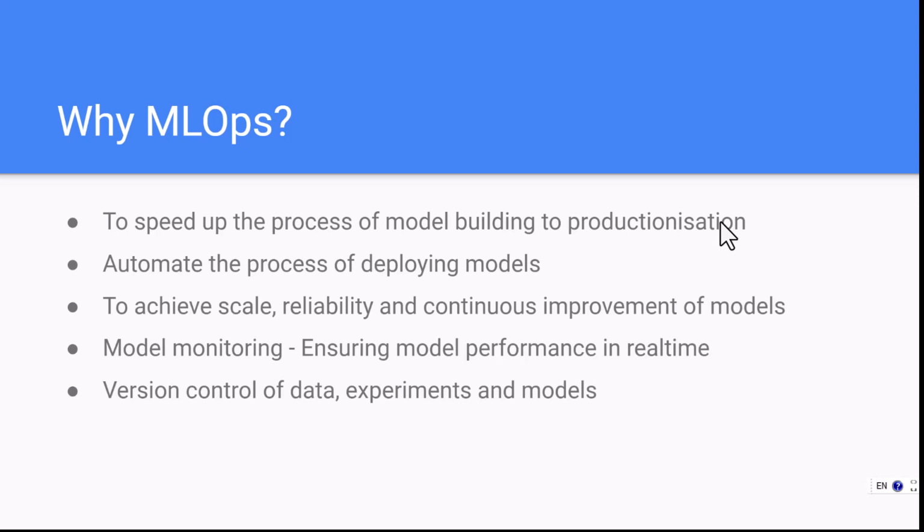So when you do this versioning, the way it helps is, say at some point of time, the model starts breaking in production. It's not giving the accuracy or the metric that you were looking for. So you can understand how the data has changed in your newer versions when you have this version control in place.